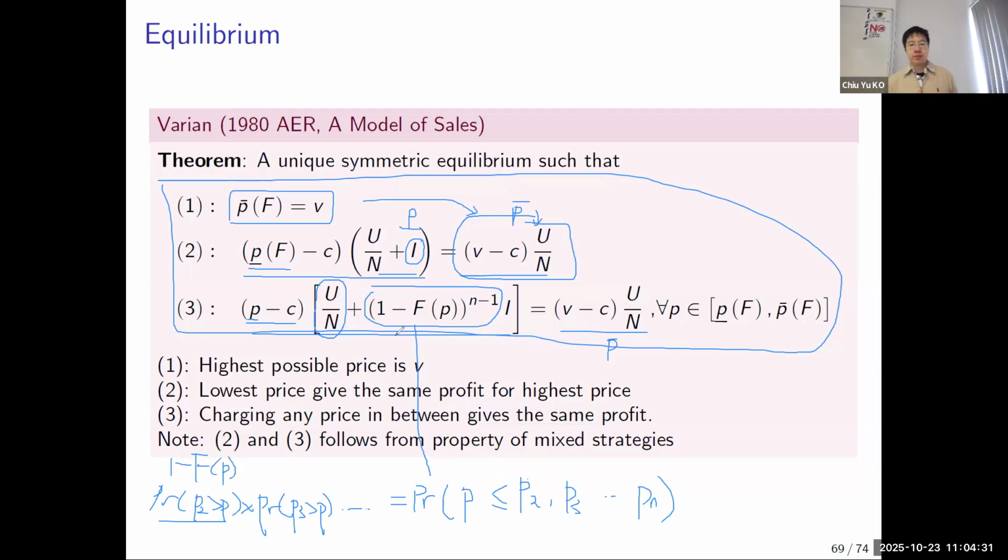So this is the probability that you are the lowest among all other firms, given you're charging P. This will fully characterize the equilibrium, so you are able to solve it out. At least this shows you that the equilibrium exists and the mixed strategy makes sense.